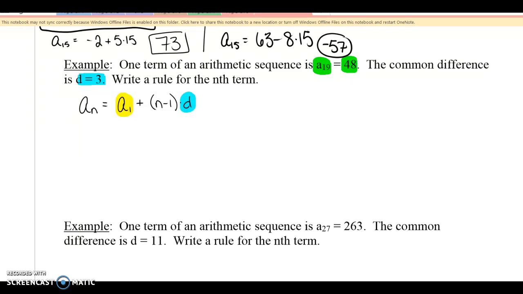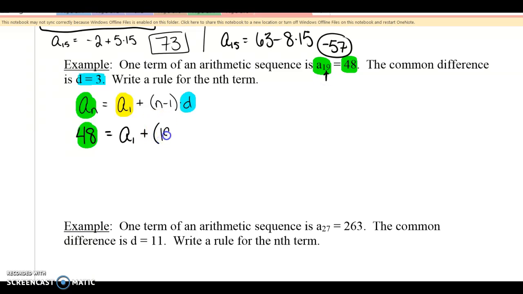So here's what we're going to do. I'm going to put 48 in place of a sub n. Now when I do that, which term is 48? It's a sub 19. 48 is the 19th term.